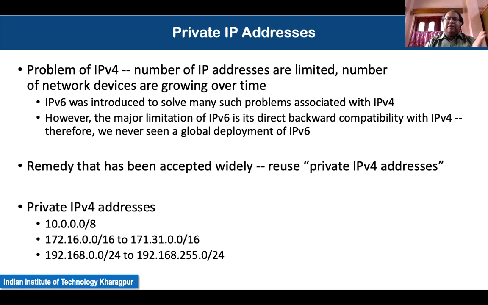But still there is a limitation, because out of those addresses, there are certain addresses which are particularly reserved for research purposes. There are IP address pools which are considered private IP addresses, which we are going to see in a while. That actually limits the total number of IP addresses available in IP version 4. But the number of network devices is growing over time.